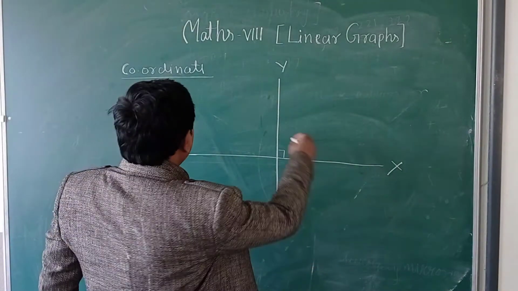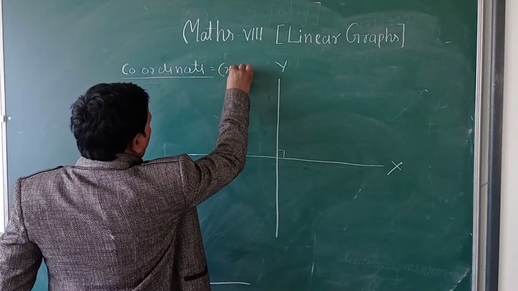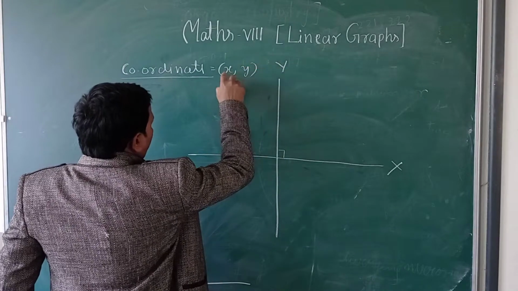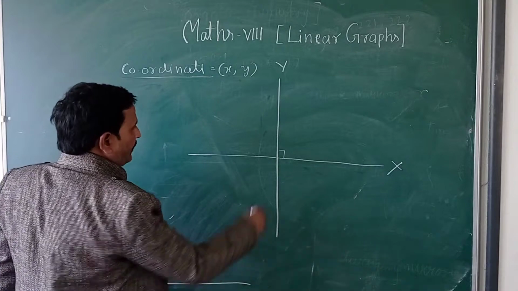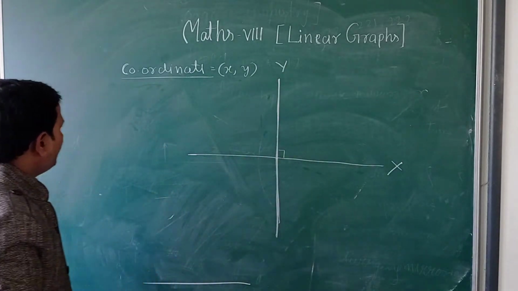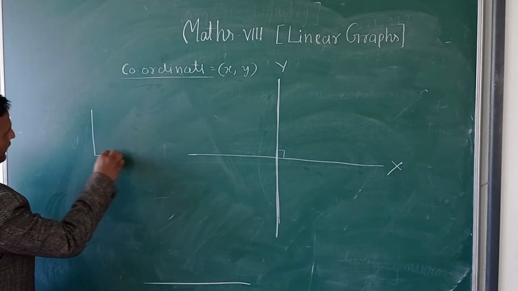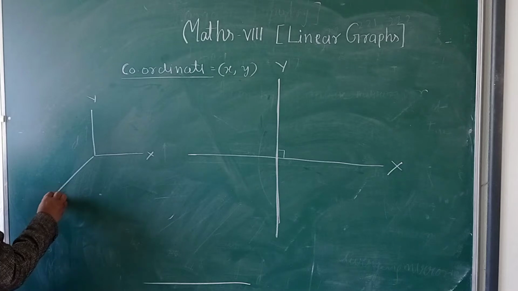A coordinate can be written in a small bracket as (x, y), the x value and the y value. Now this is a two-dimensional figure. In a three-dimensional figure, there are x-axis, y-axis and z-axis.